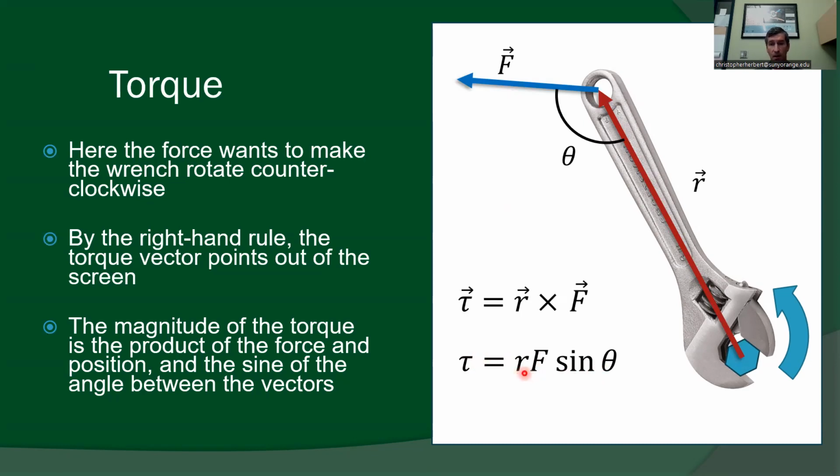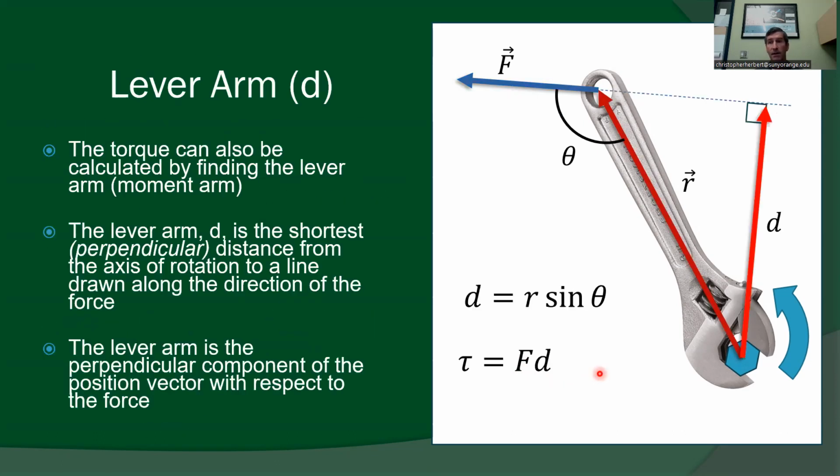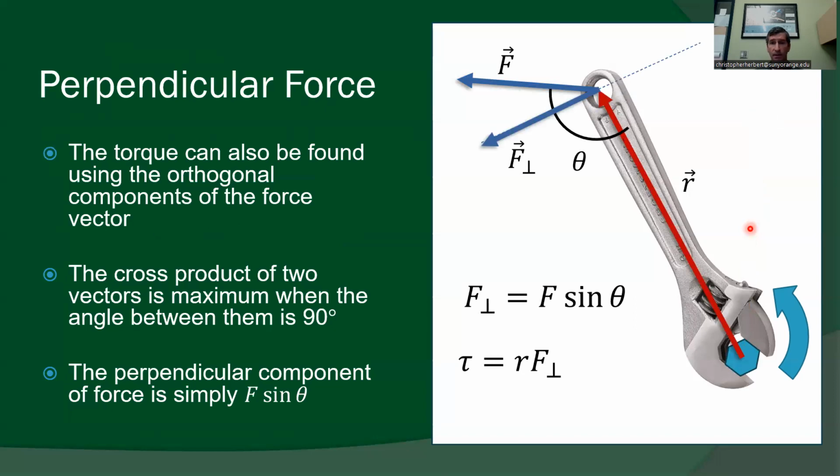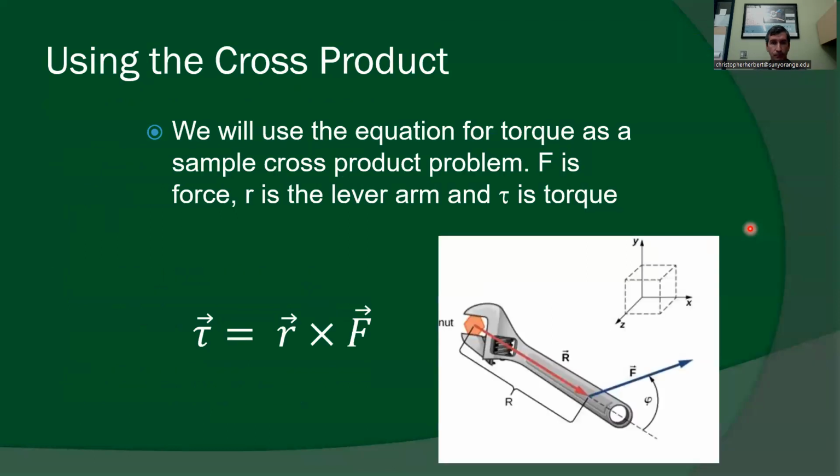Just take the product of R, F, and sine theta. Is it easier to actually find the moment arm or lever arm than it is to find R? Is it easier to find the perpendicular components? Whatever is advantageous for that particular problem will probably determine which method you'll use.